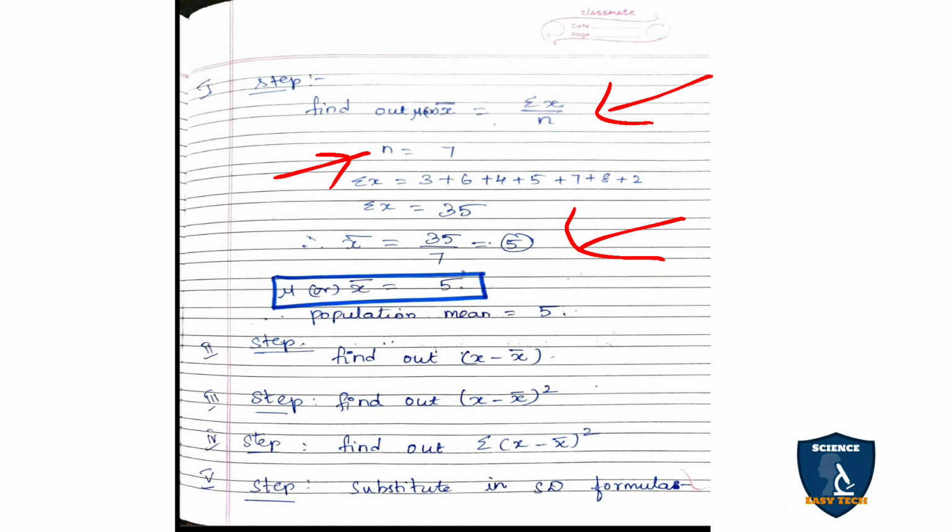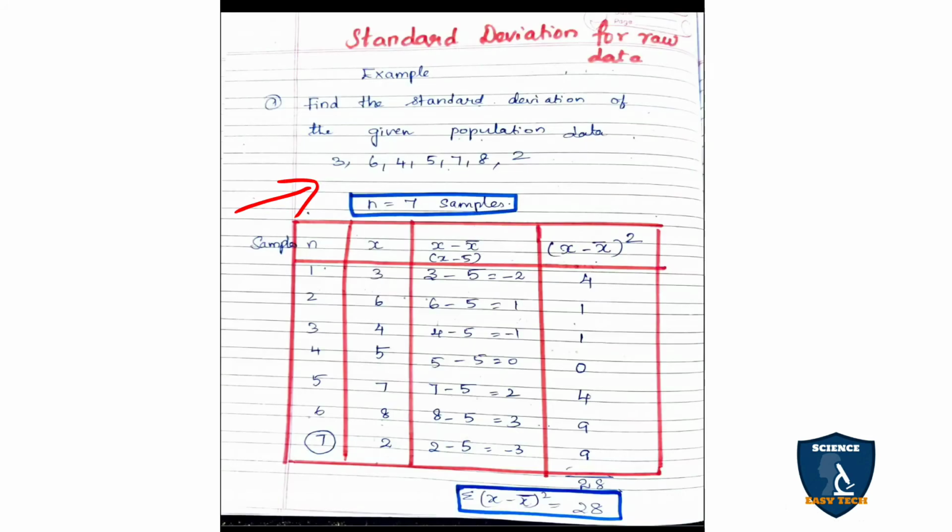Second step is to find x minus x bar, that is x minus 5. So you subtract 5 from each x value.